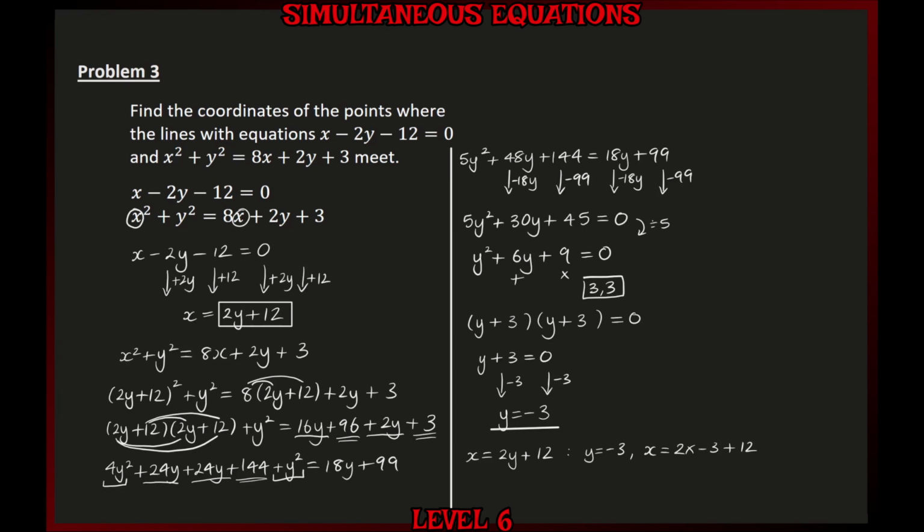And since 2 times minus 3 is minus 6, plus 12 gives us x is equal to 6. So these two form our solution. Now we're asked to find where these two lines meet, and we can see from our solution that they actually only meet at one point, and it's the point that has x coordinate 6 and y coordinate minus 3. So our final solution to problem 3 is the point (6, minus 3).